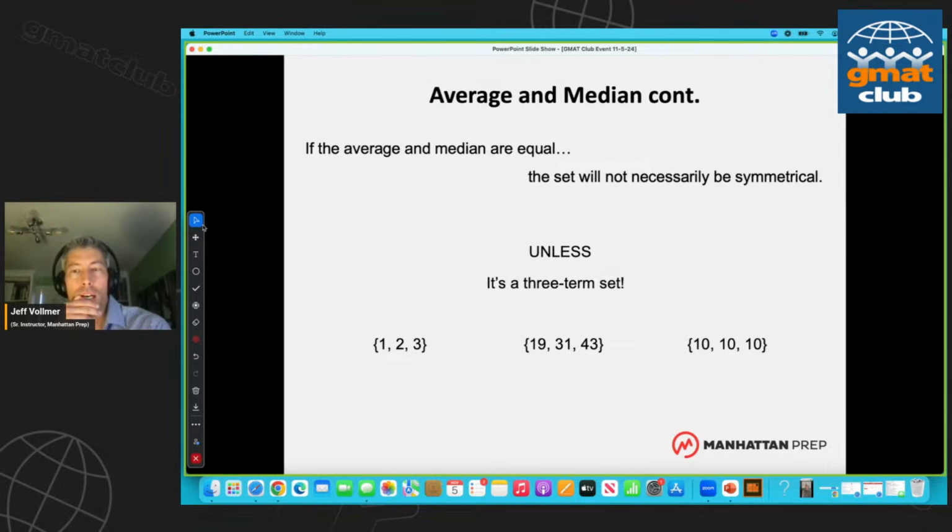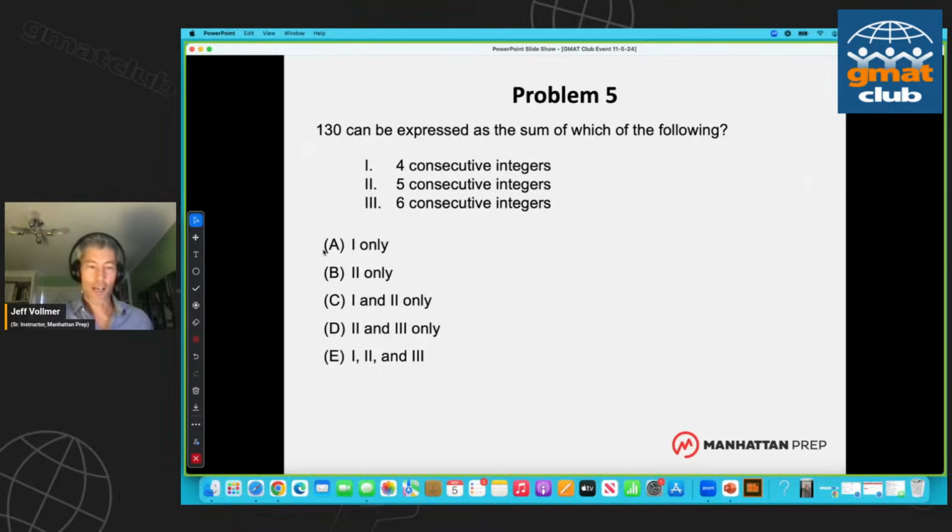All right, let's take a look at another problem. Another problem kind of builds on this a little bit. We'll see how you feel about it. Give you a couple minutes. This one looks more GMAT-like, doesn't it?